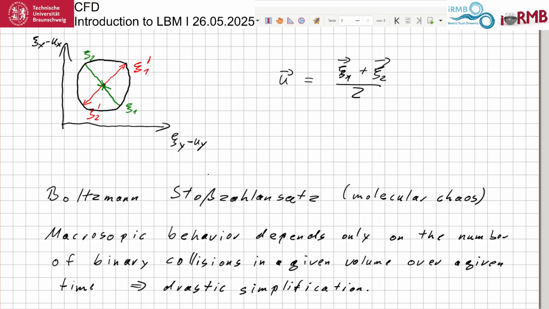His assumption was basically that the two particles are not correlated to each other. So the problem is the following. You don't know the particles, you only know their statistical distribution.